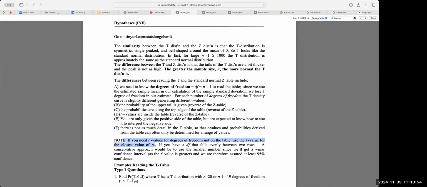Okay, the rule is use the T value that's closest. If it's not on the table, use the one that's closest. It's kind of like rounding.